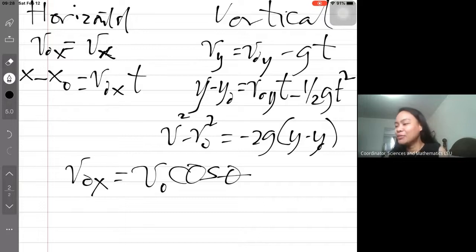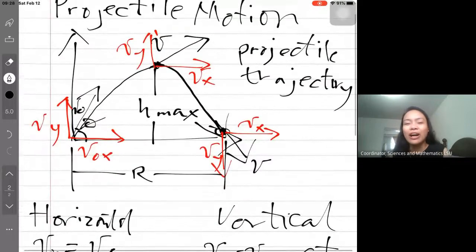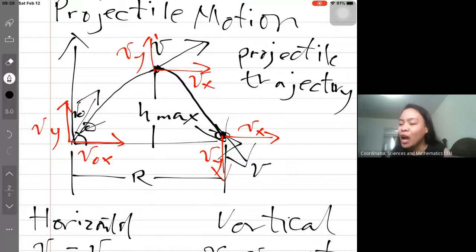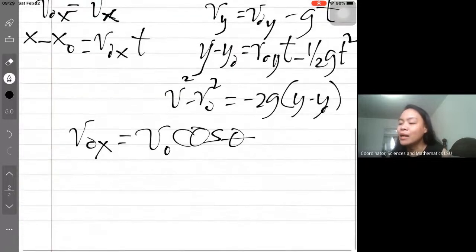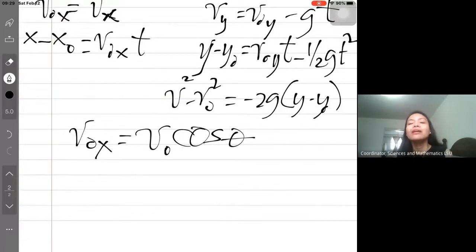If we go back to our illustration, our V sub o, our initial velocity, is here, and it is adjacent to our angle. Once it is adjacent to our angle, we use cosine, and cosine is equal to adjacent over hypotenuse.